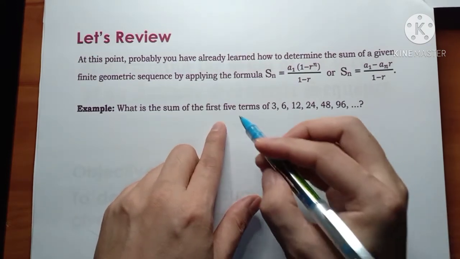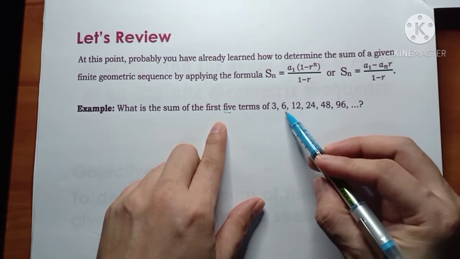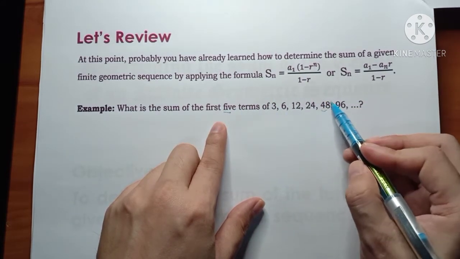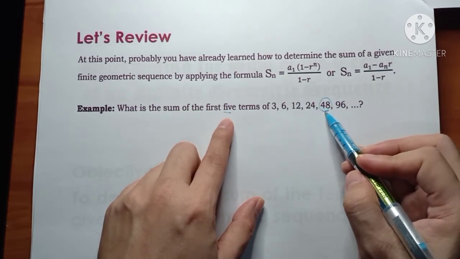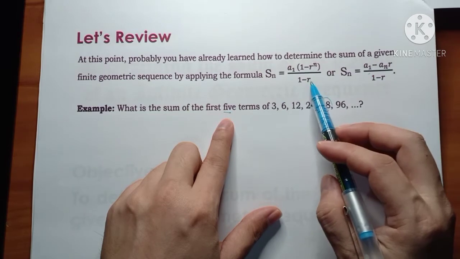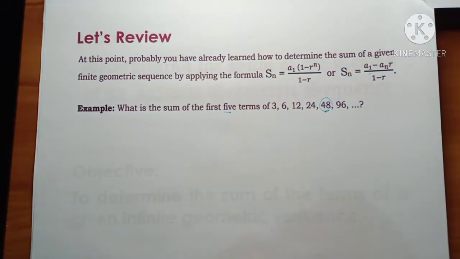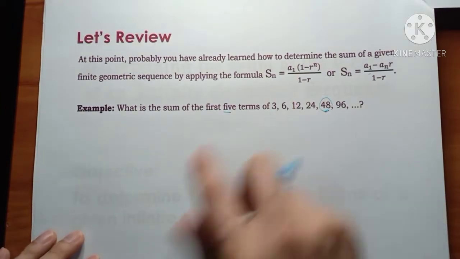So for example, what is the sum of the first 5 terms of 3, 6, 12, 24, 48, and 96? Since ang hinahanap dito is the sum of the first 5 terms at alam natin ang 1, 2, 3, 4, 5, itong 48 is the 5th term, therefore meron tayong last term. Pero pwede na naman natin gamitin din ito. So kung gamitin natin yung dalawang yan, same lang naman ang lalabas sa kanilang sum. So subukan muna natin itong isa.